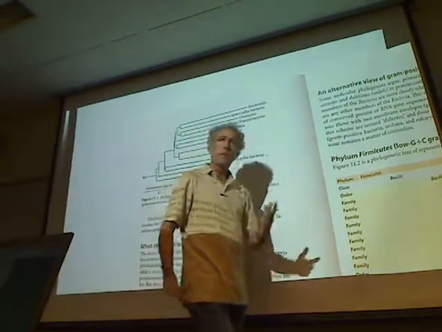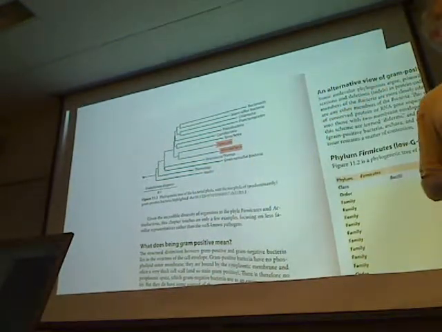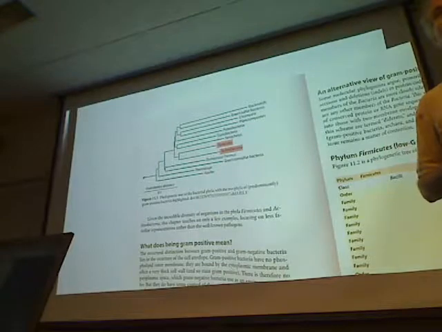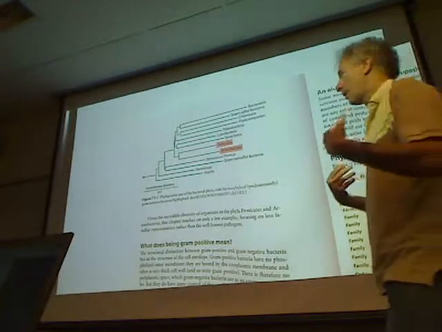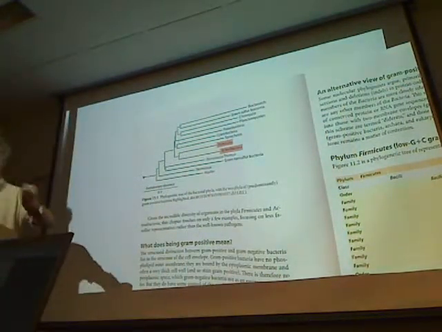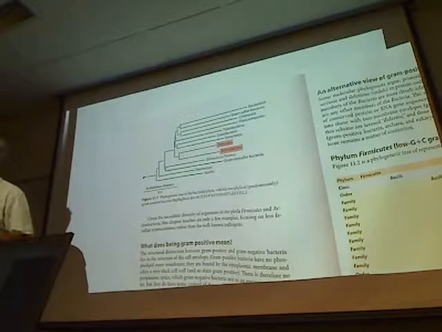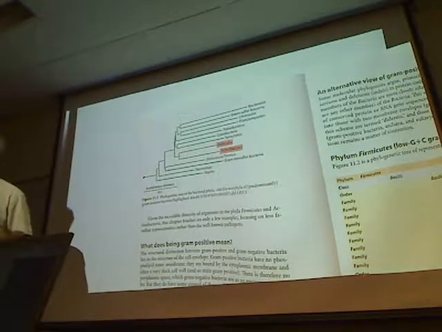Actinobacteria, some of them also lack an outer membrane, but most of them have an outer membrane. Now, we don't call it the outer membrane. We call it the mycolic acid layer. And again, when I was a student, we thought of this as literally a wax that formed a coating on the surface of the cells, a lot like plant cells have a cuticle made out of wax.